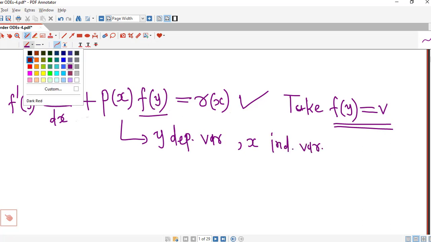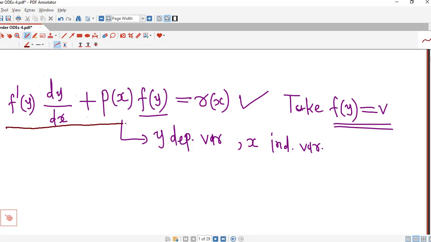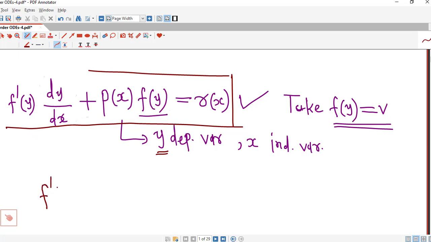Now sometimes if our differential equation cannot be written in this form, then we can check whether, if we consider x as the dependent variable, our differential equation can be expressed in this type of equation. If we interchange the roles of x and y, then we will have this differential equation: instead of y I write x, and instead of x I write y, f dash x dx by dy.